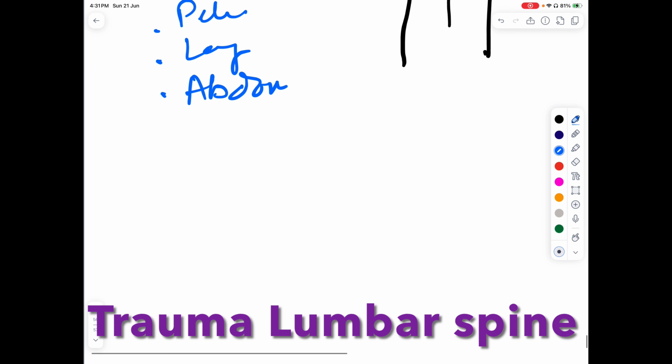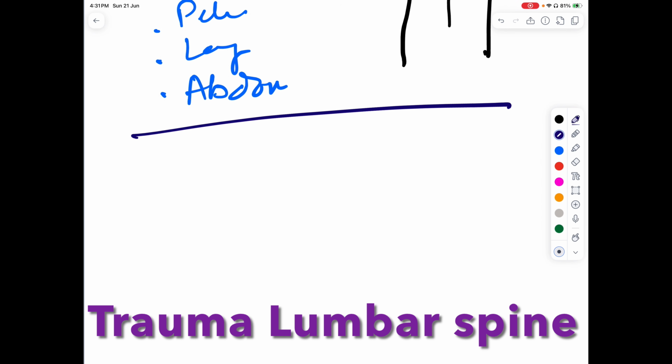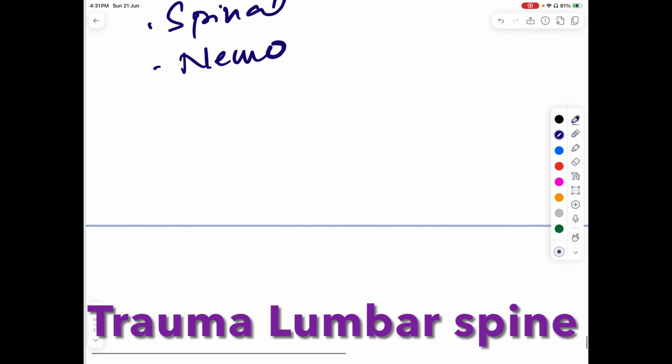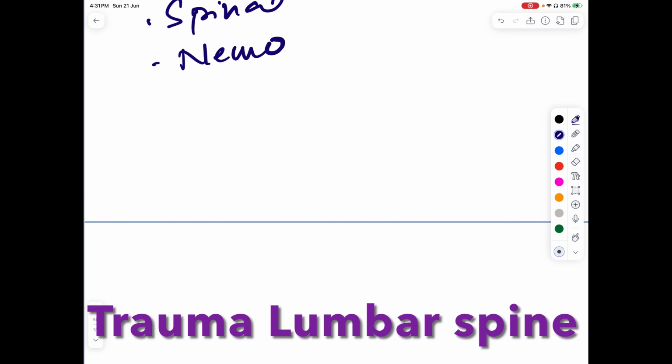So what type of shock is there? In this case there is hypovolemic shock from blood loss, and it can be spinal and then neurogenic. So any of the shocks can be there. First of all, how will you manage the circulation?